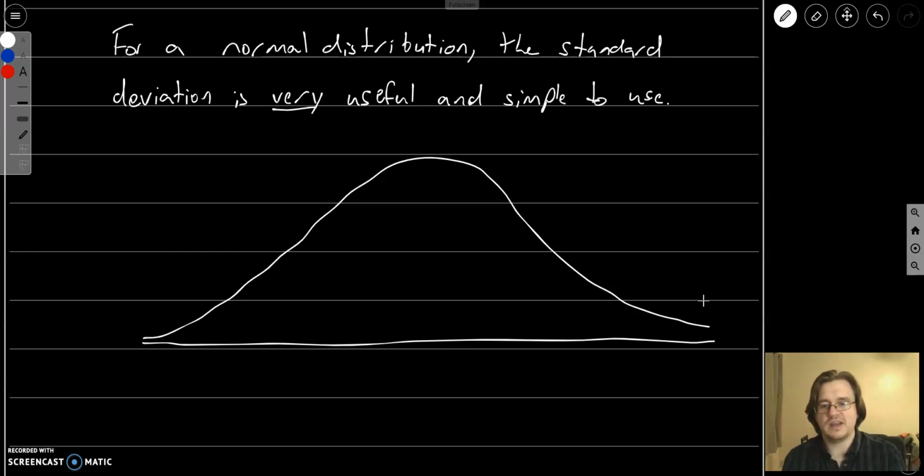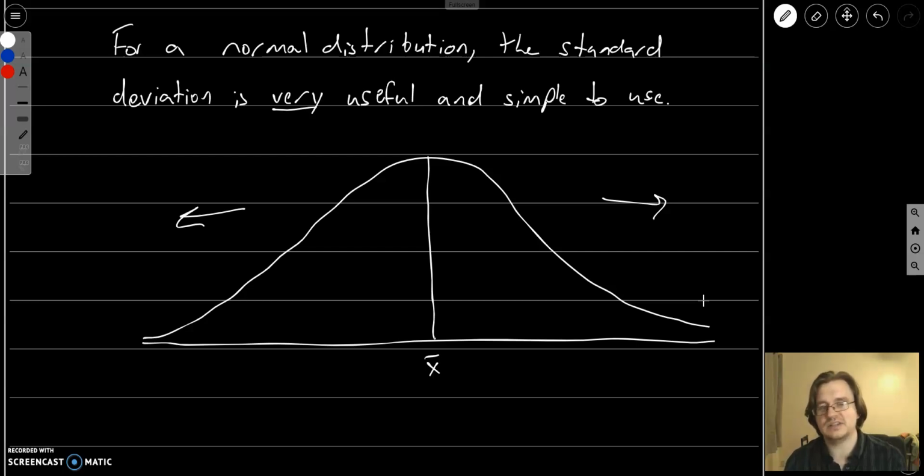For a normal distribution, like a bell curve, the very center of the data is going to be the mean, and I'll pretend this is a sample. So we have our sample mean, and the further away from the mean we get, the fewer and fewer data values there are. Most of the data values will be close to the mean.